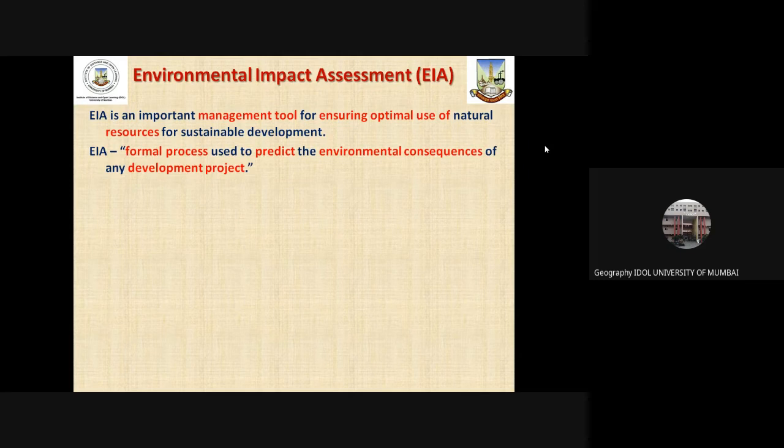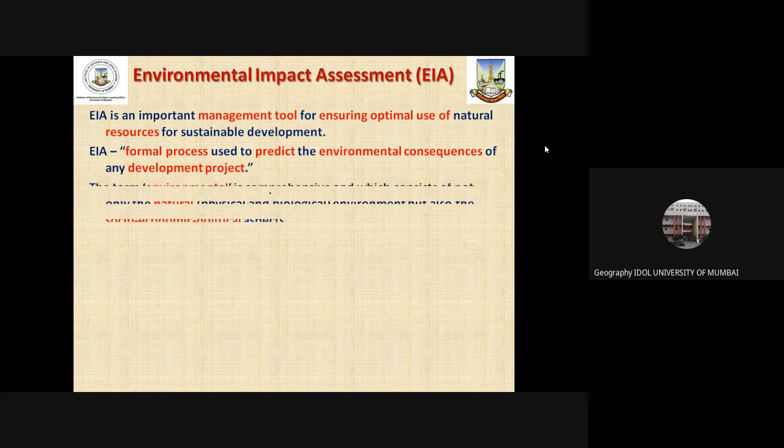Environmental impact assessment is necessarily a legal procedure that is followed by every industrialist or every project proponent who wishes to establish a project in a particular area, or wishes to expand an existing project, which is merely a development project.